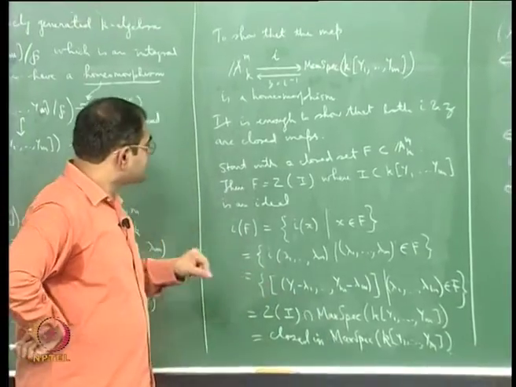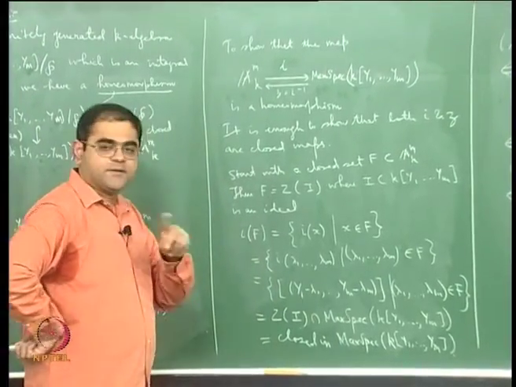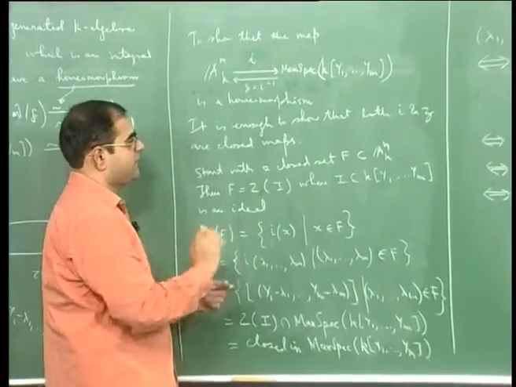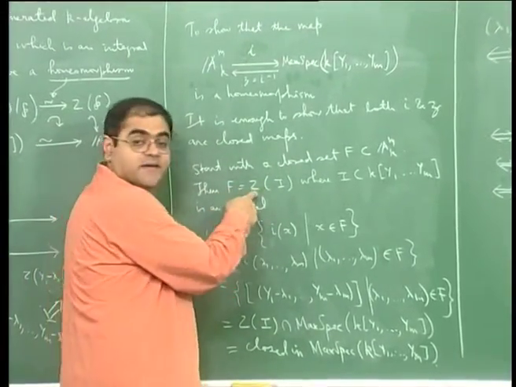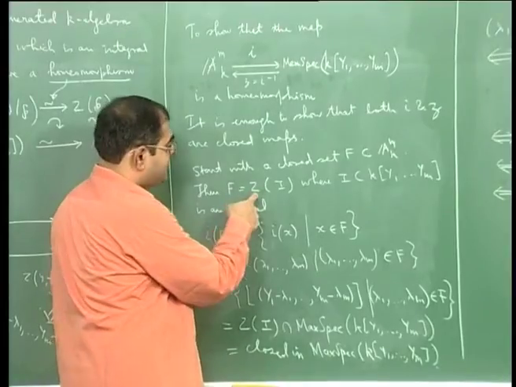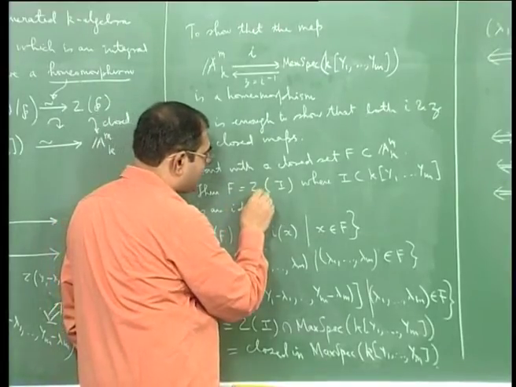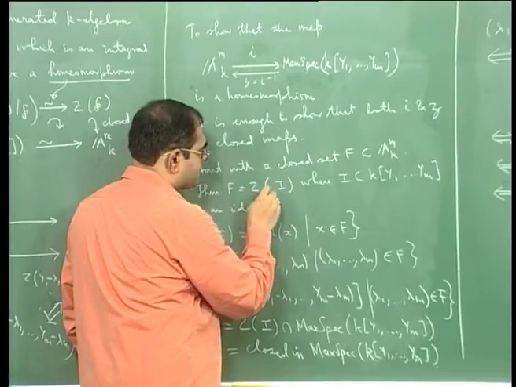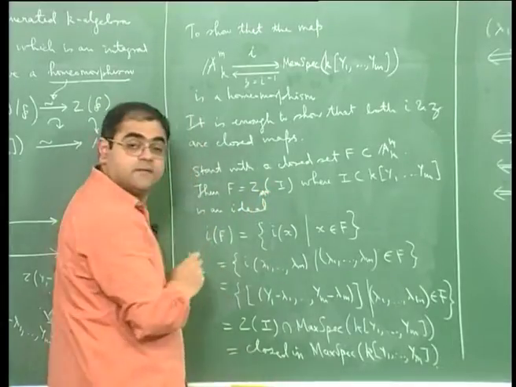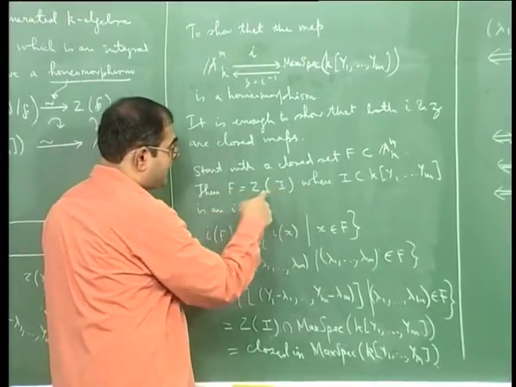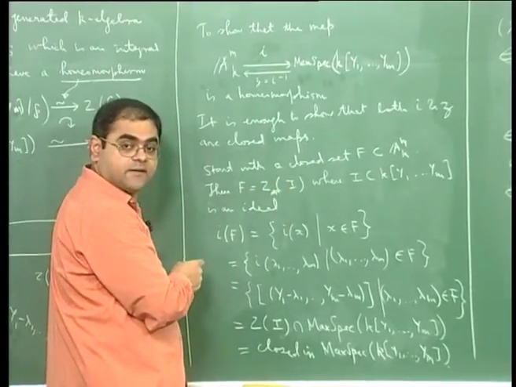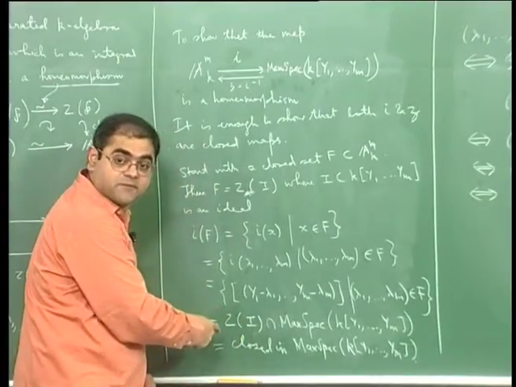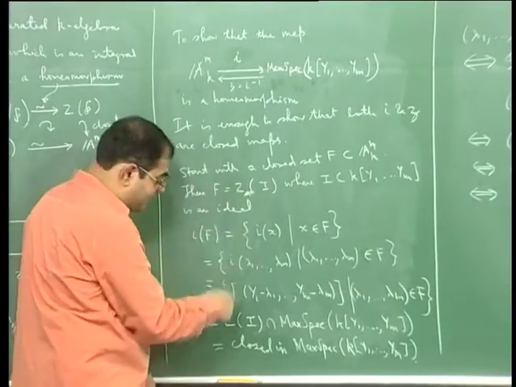What I want you to understand is there is a small element of confusion. This Z of I is the zero set of I in, I will put a subscript here, Am. This is the zero set of the ideal I in Am, whereas this zero set is the zero set in Spec R. So there is a difference between this Z of I and that Z of I.